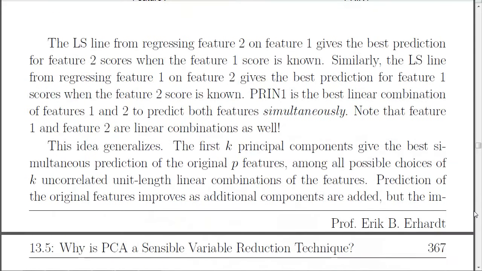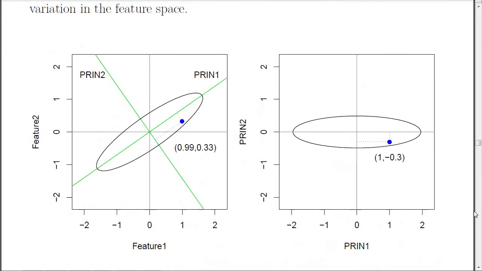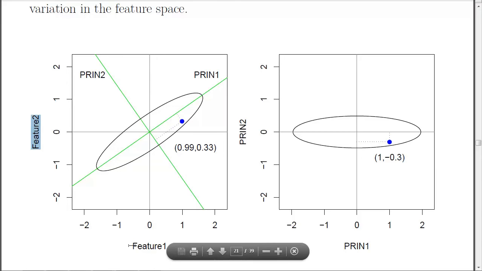I have some comments down here, and I'm going to summarize them as we look at the plot. So why is it sensible to look at principal component 1 as being the most important component? So here's the reasoning. This green principal component 1 axis is not the same as doing least squares. So you can imagine treating feature 2 as the response variable and using feature 1 as a predictor variable and fitting a least squares line.